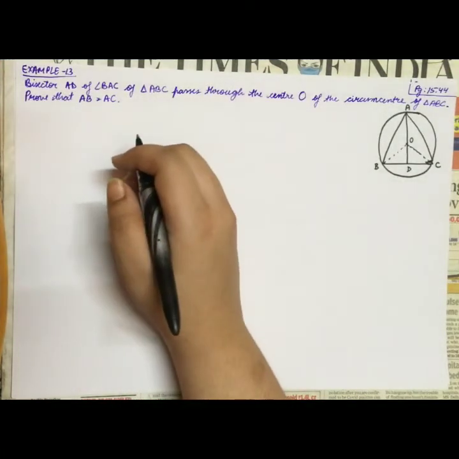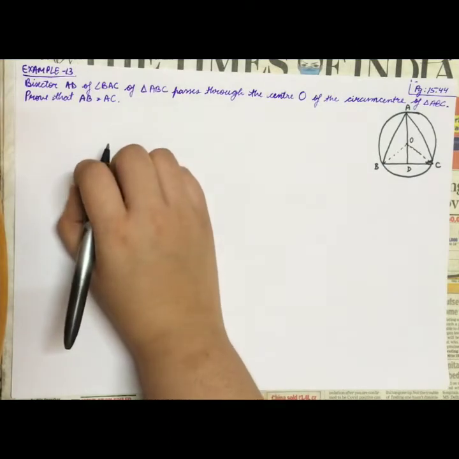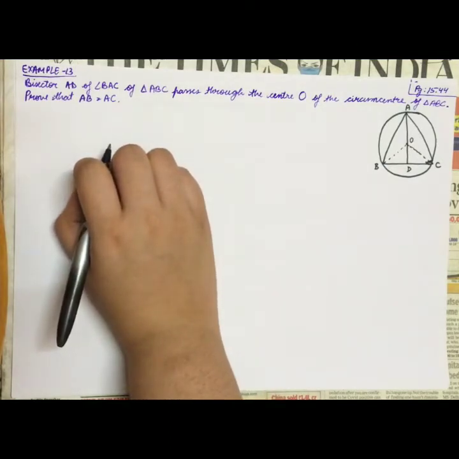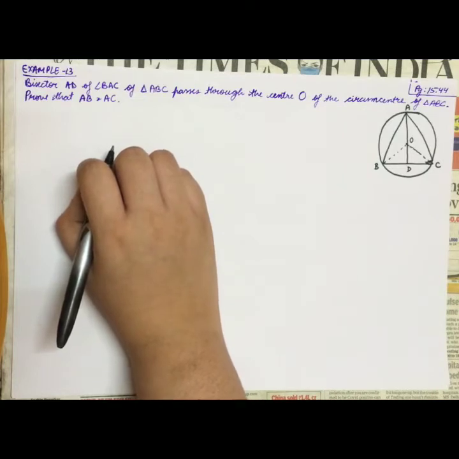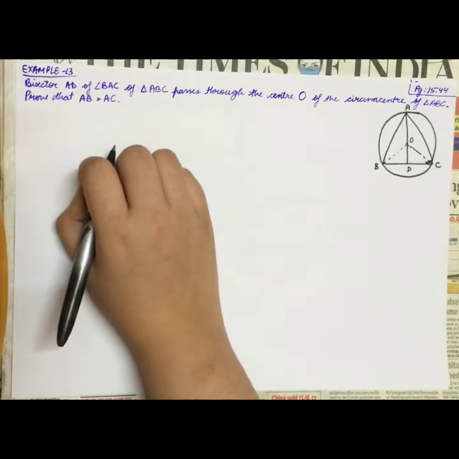Example number 13. Bisector AD of angle BAC of triangle ABC passes through the center O of the circumcircle of the triangle ABC. We have to prove that AB is equal to AC.